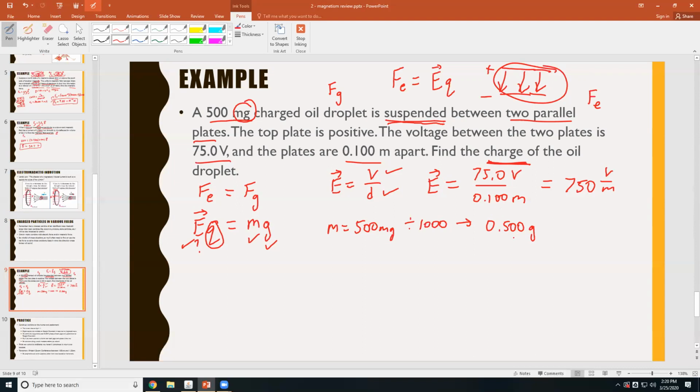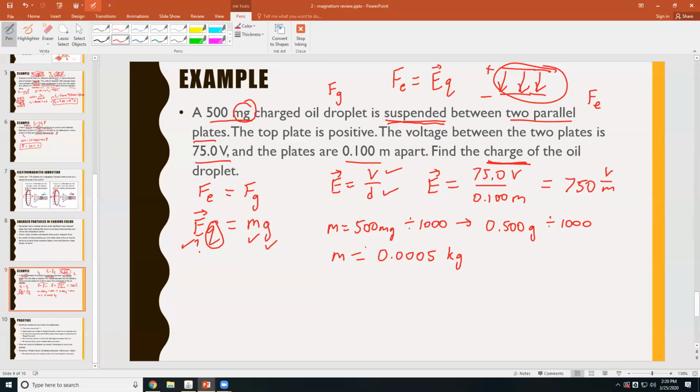So in other words, we can't just keep 0.500 grams. We actually have to change that to kilograms. And remember, to go from grams to kilograms, you also divide that by 1,000. So what I got for my mass, if you divide that all through, is 0.0005 kilograms. And you could also say that that's 5 times 10 to the negative 4 kilograms if you prefer using that, whatever floats your boat.